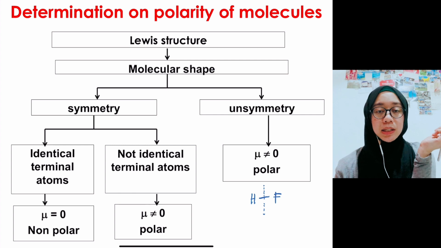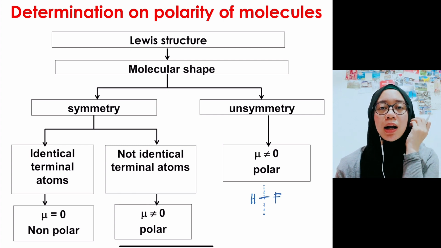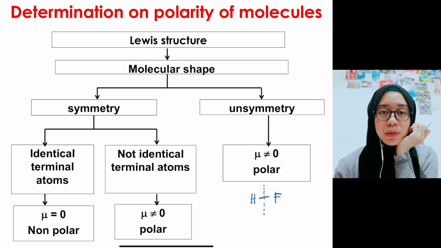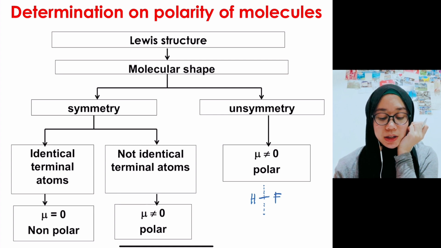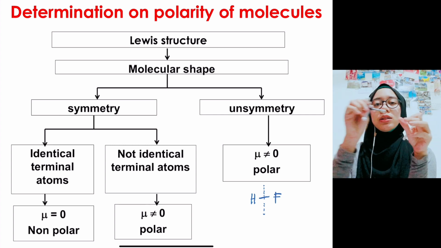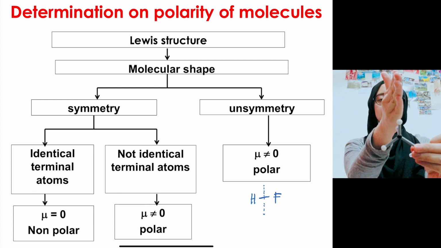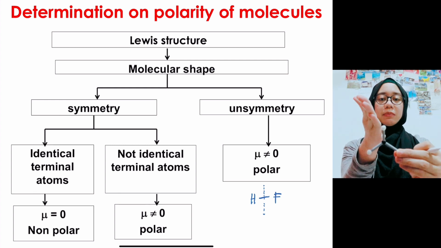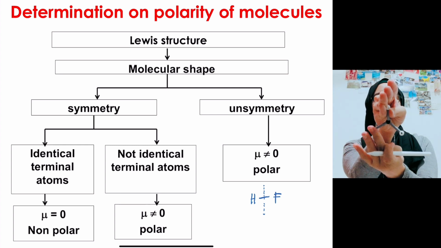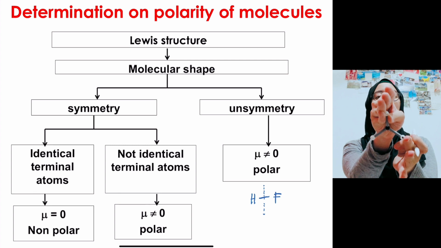Tapi symmetry ni pula adalah kalau kamu tengok sesuatu molecule that has a basic molecular shape. Usually itu adalah symmetrical. Macam kalau Miss ambil tetrahedral, kalau Miss bahagi tengah-tengah kat sini, as you can see, sebelah ni sama, warna putih, sebelah ni pun putih juga.